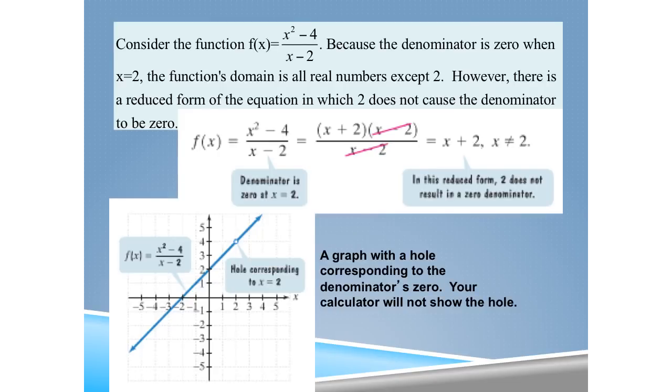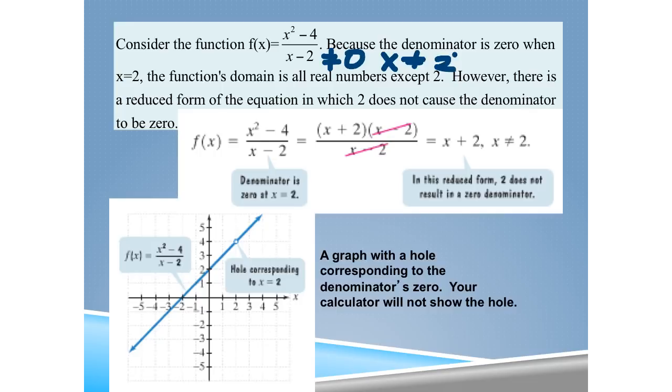Okay, so this one says, consider the function f of x equals x to the second minus 4 over x minus 2. Because the denominator is 0 when x equals 2, the function's domain is all real numbers except for 2. So again, if we had this set not equal to 0 to find the domain, I would have gotten x is not equal to positive 2.